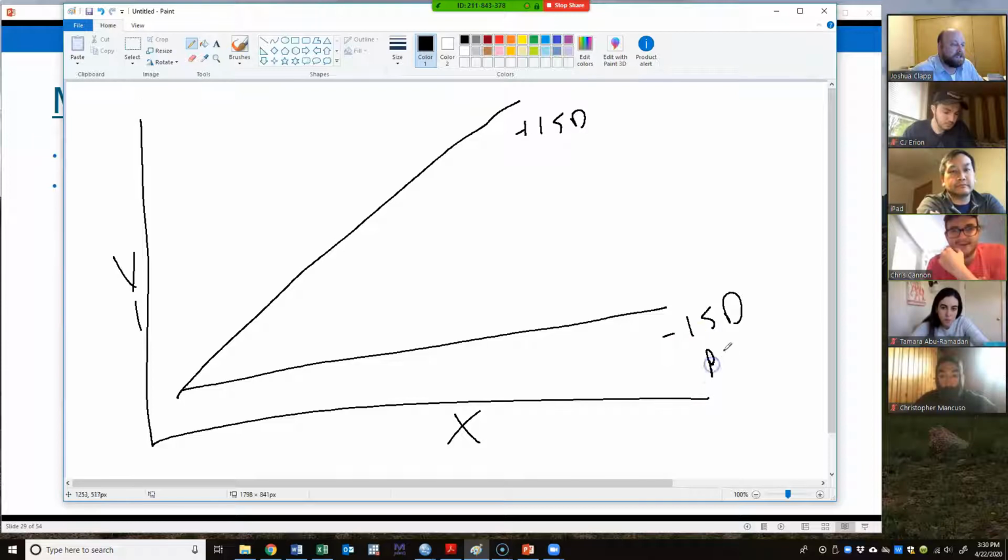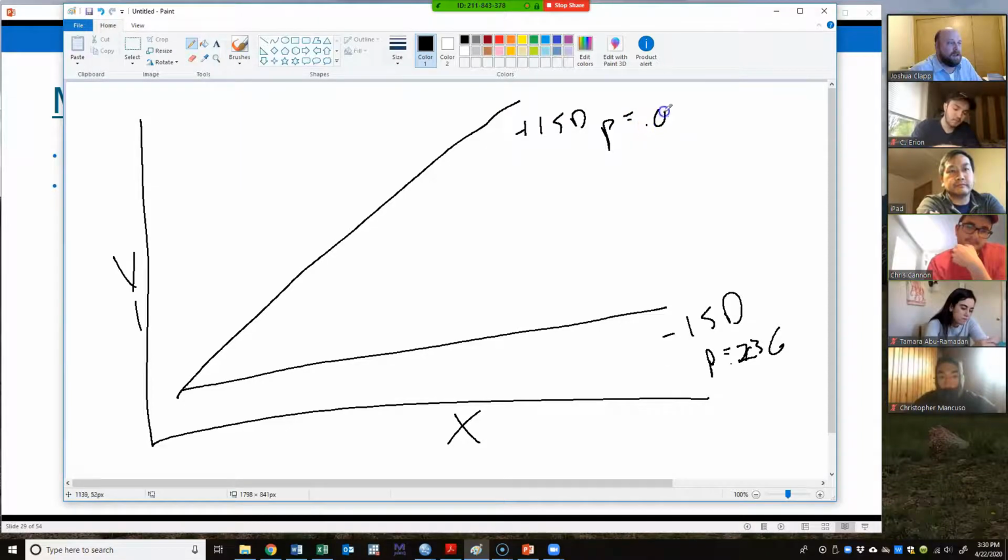Yeah, so let's say this is P equals 0.236, okay, and this is P equals 0.002.